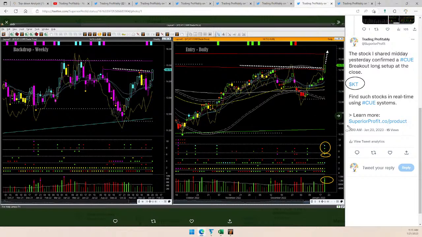This is a tweet after the close on Thursday. 2:39 a.m. Jan 20, so after the close on Thursday before market open on Friday. The breakout setup in weekly daily both confirm.